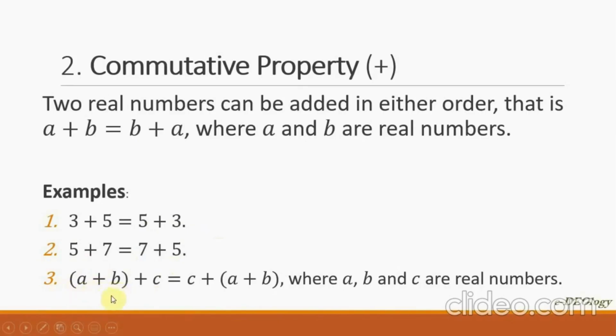Are grouped together, and on the other side still the C will come first and the group A plus B will be last. So this idea here still falls under the commutative property under addition.